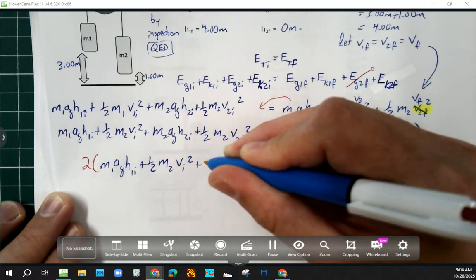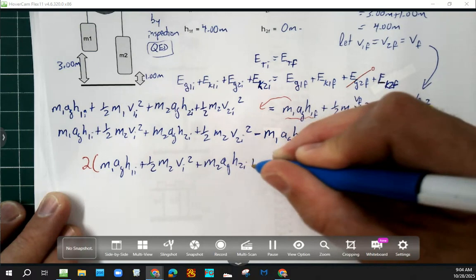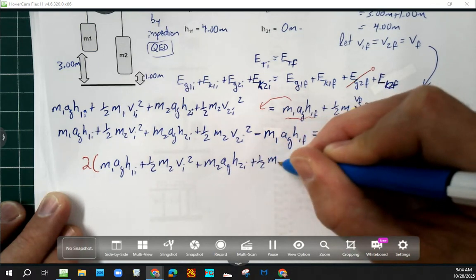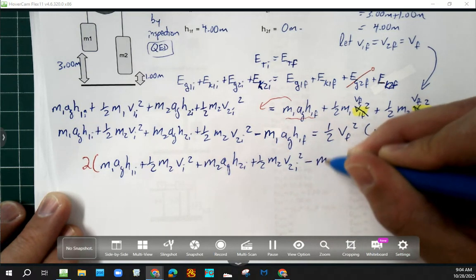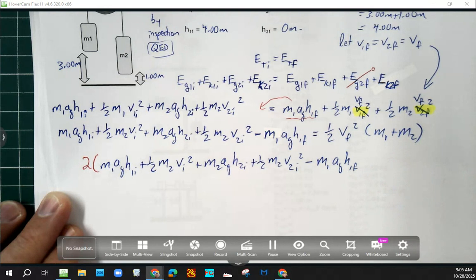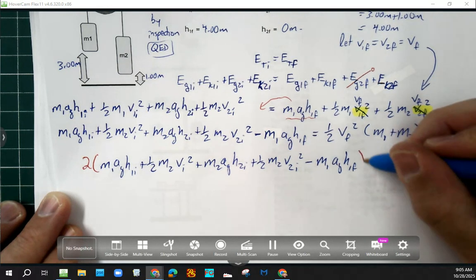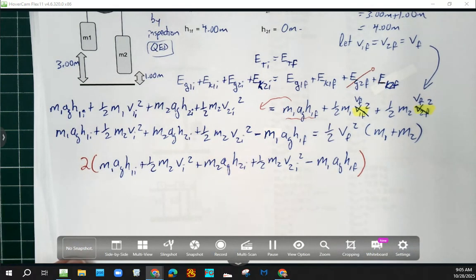Really, this just seems like a big exercise in being organized after you've got the basic idea down. So I'm going to multiply that whole thing by 2 as I take that factor of 1/2 over to the other side. And then, you know what?